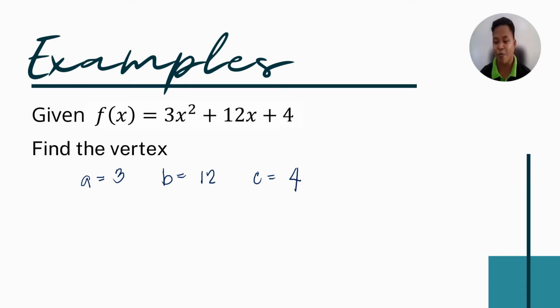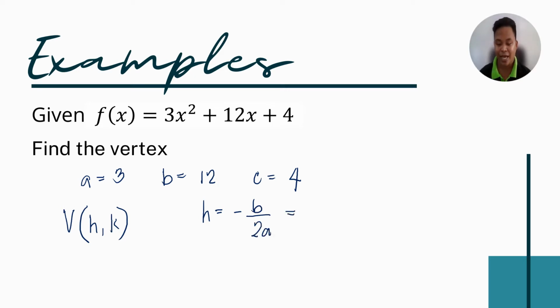What is the formula for h? Since we are going to denote the vertex as the coordinates (h, k), on the previous slide, we discussed that h is equal to negative b over 2a.